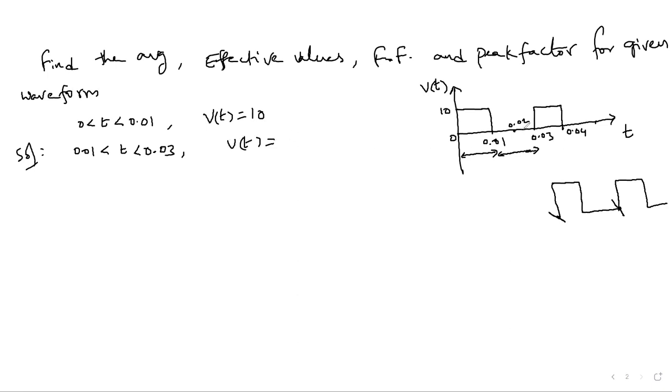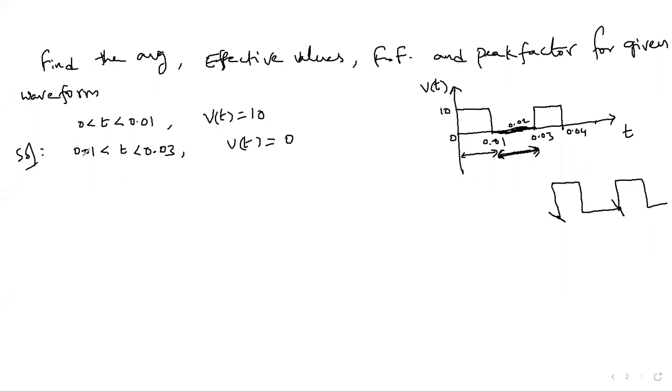What is the value of V of t in this portion? What is the value on your y-axis? 0, right? Very good. 0. There is no amplitude. The wave nature is going through 0.